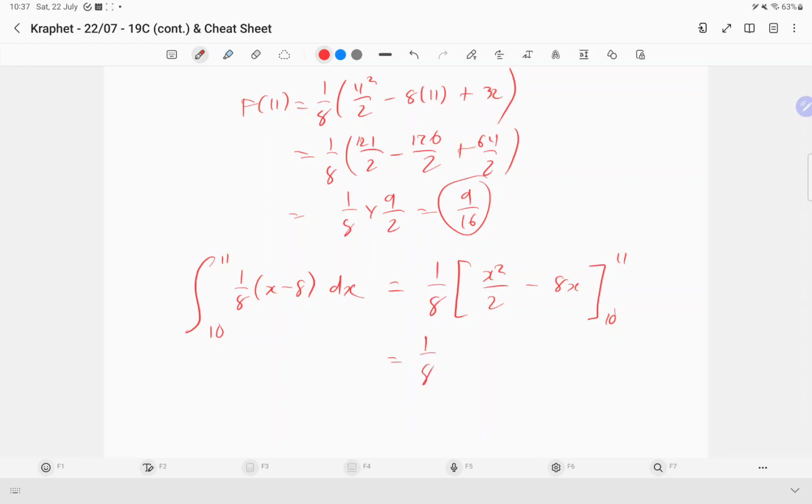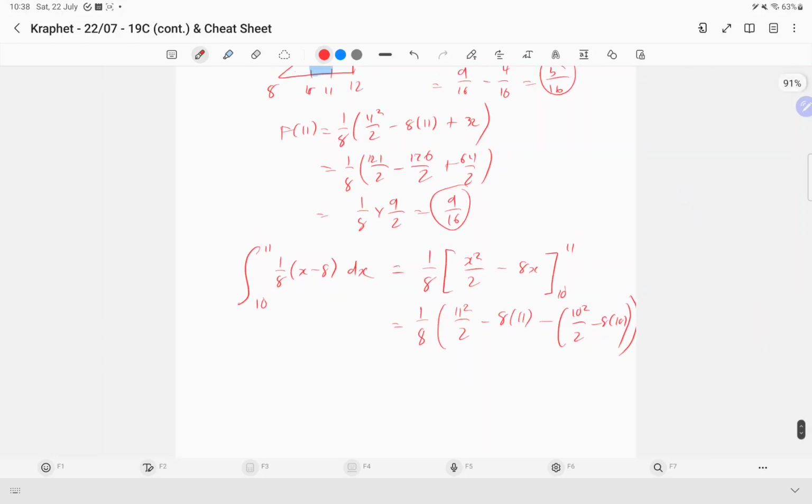So that'll be that, and then inside would be 11 squared over 2 minus 88 times 11, and then minus brackets 10 squared over 2 minus 8 times 10. Yeah, it will be about the same. Regardless, it will be about the same.